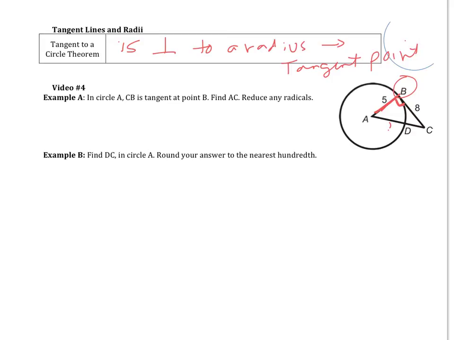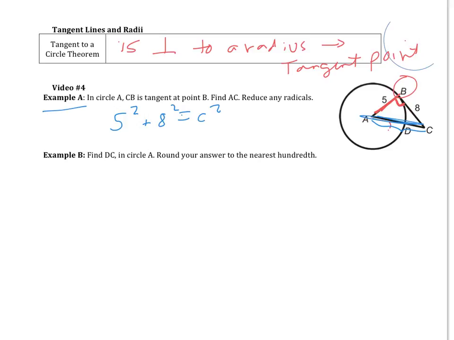So, questions they will ask you, something like in example A. If CB is tangent, that's a good thing. That means there's a 90-degree corner. And the triangle that's pictured is actually a right triangle. So for a while we've known the Pythagorean theorem, so now we can solve very quickly for the missing AC segment using the Pythagorean theorem.